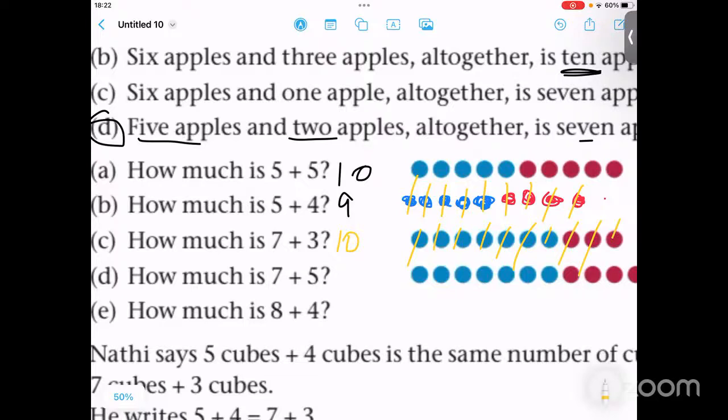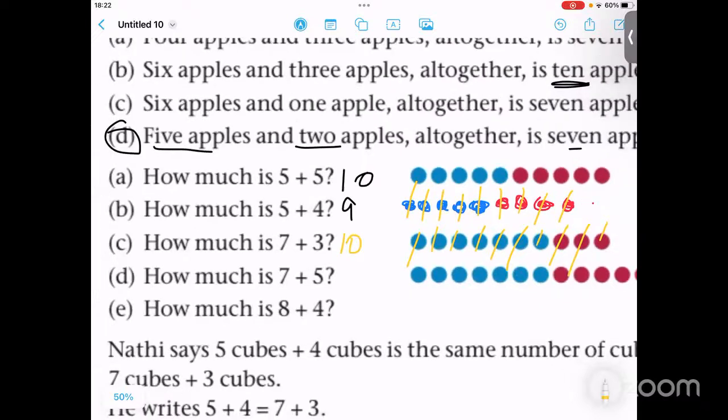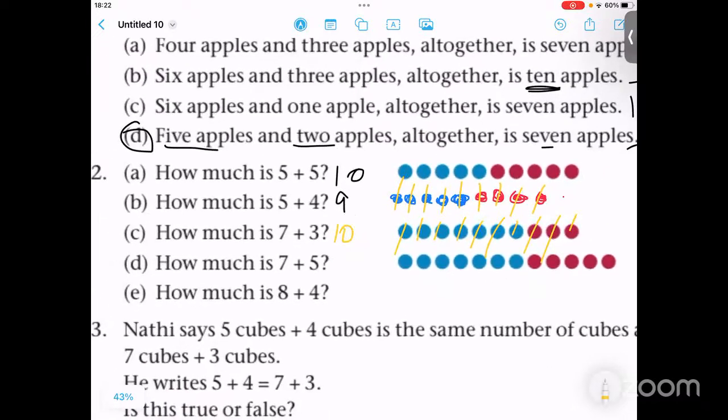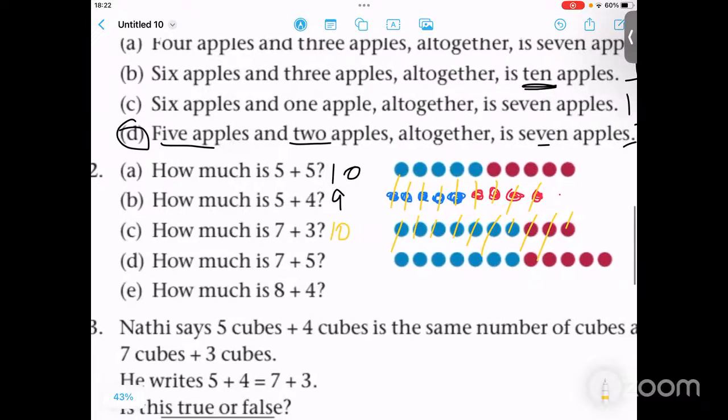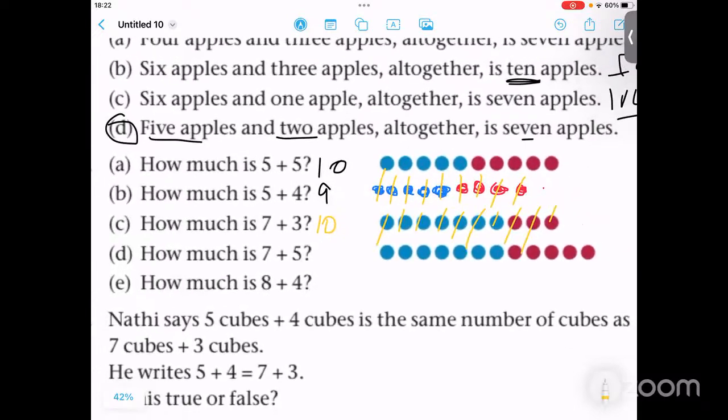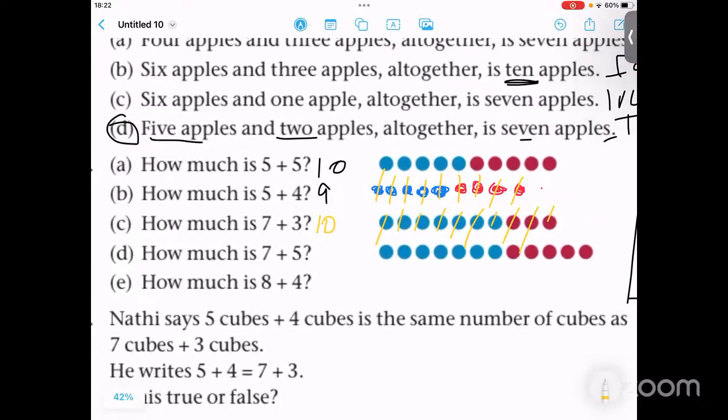Perfect. Now our D asks, how much is 7 plus 5? How much is 7 plus 5? 12. And who was that? Minentle.